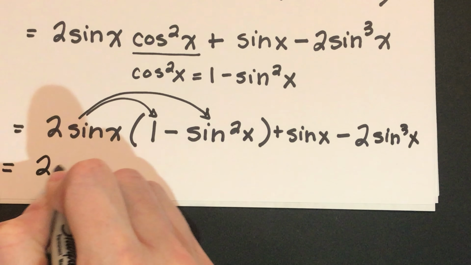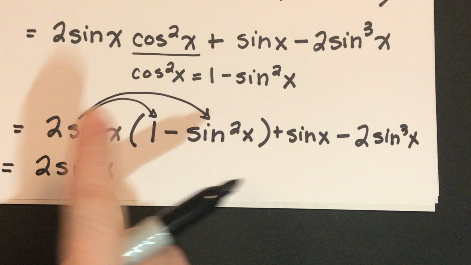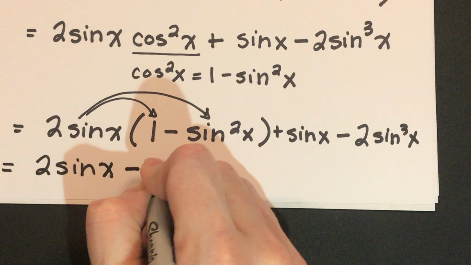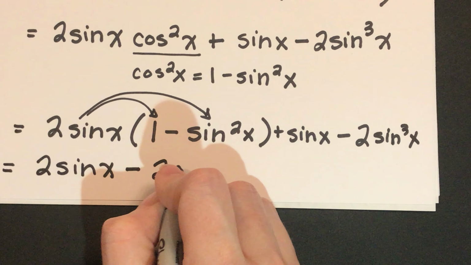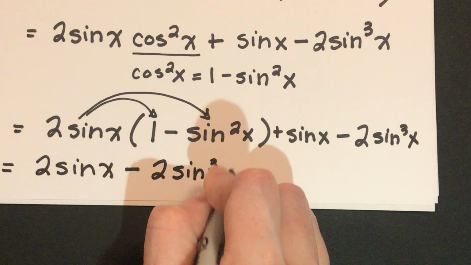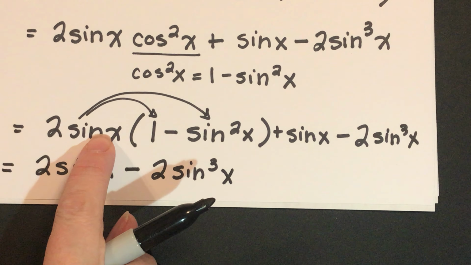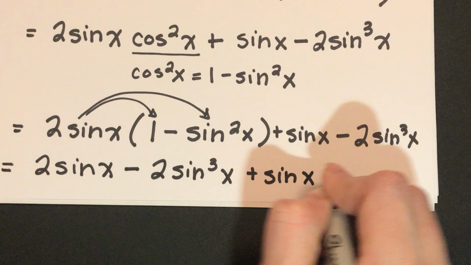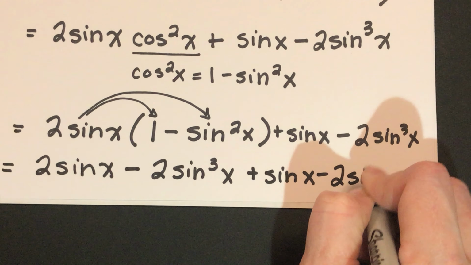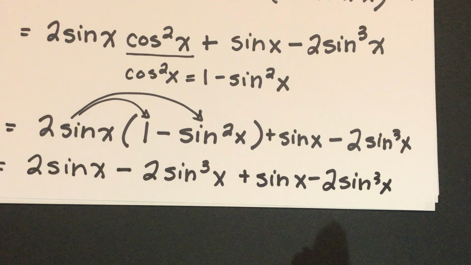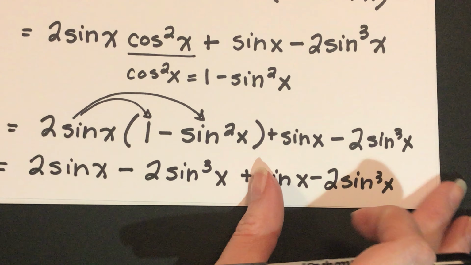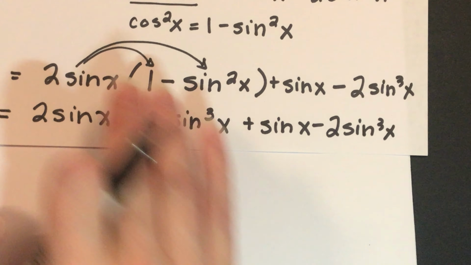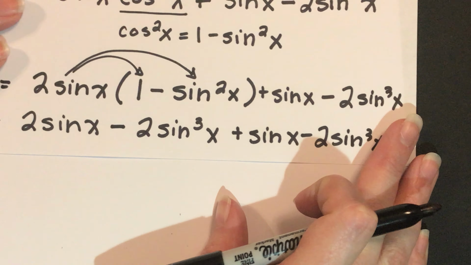So 2 sine x times 1 is just itself. And then that times that becomes negative 2 sine to the third. So we have sine squared times sine gives me to the third. Plus sine x minus 2 sine to the third. Now, last step, we're just going to combine any like terms.